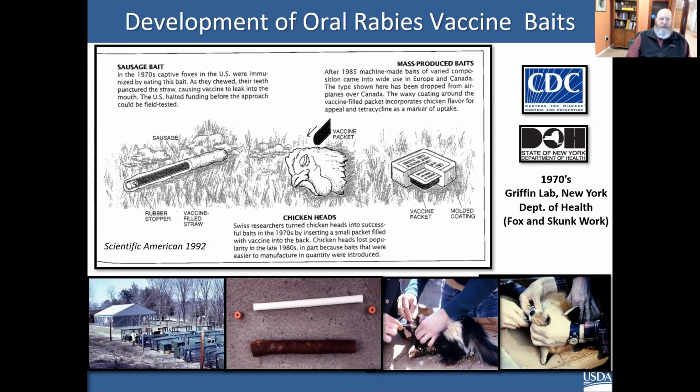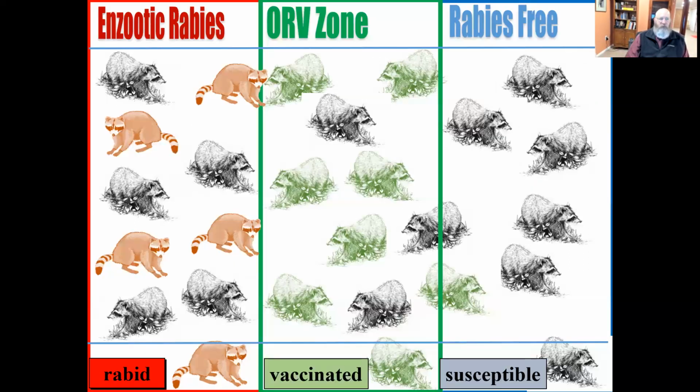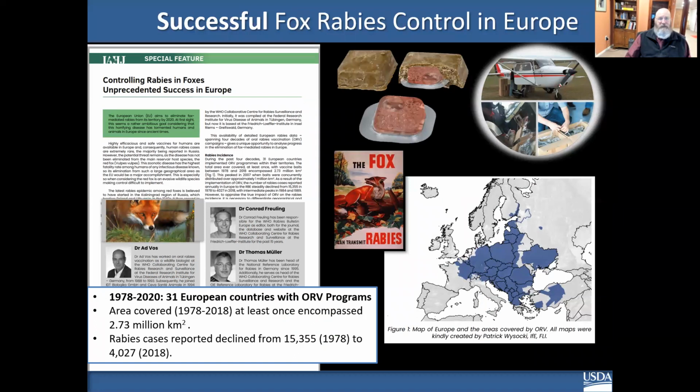Then the Europeans ran with it and tried everything from putting the vaccine in chicken heads to ultimately mass producing the baits, and really worked to control rabies at the landscape level by setting up these ORV zones, essentially trying to keep raccoons from enzootic areas from getting into the rabies-free areas. And they've been very successful in Europe in controlling rabies in foxes.